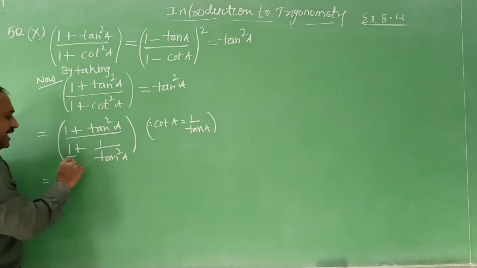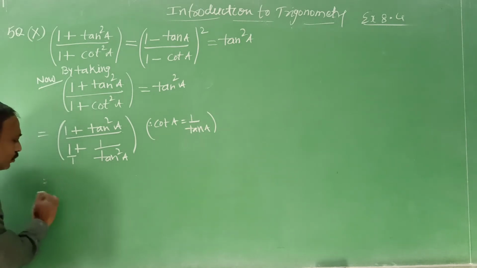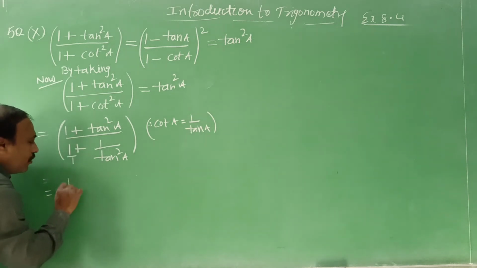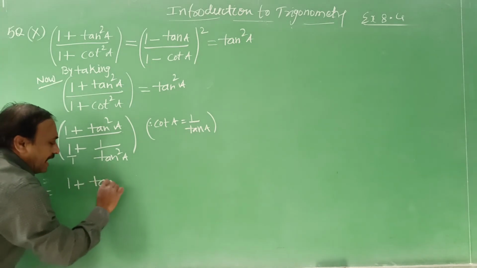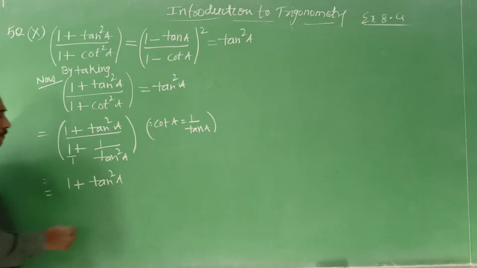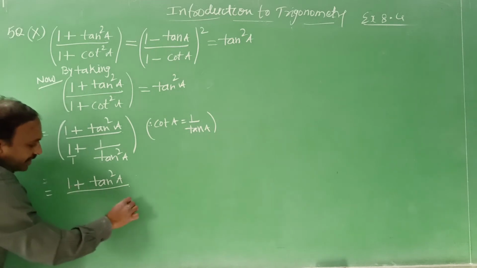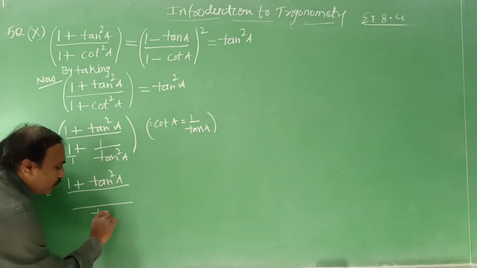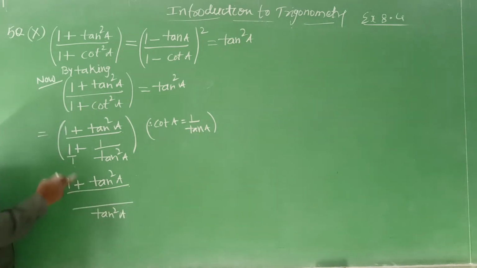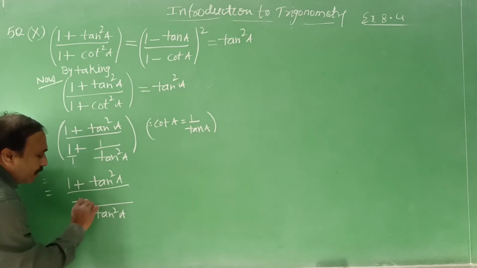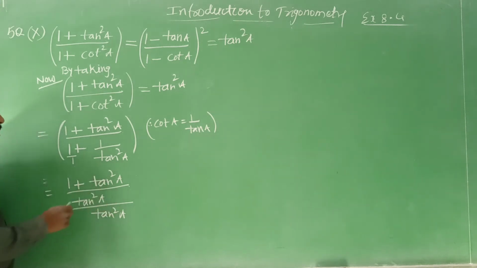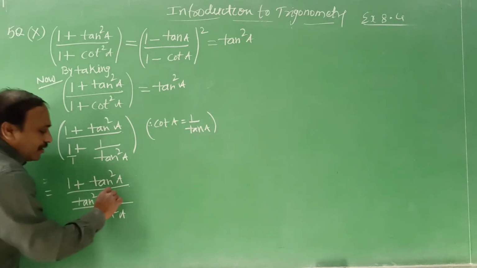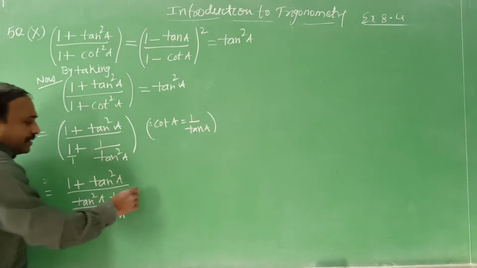Now you can write by 1, and the LCM of these two will be tan square A. So in the numerator we have 1 plus tan square A, and in the denominator the LCM is 1 into tan square A, which is tan square A. Now dividing by tan square A, the quotient is 1, tan square A plus tan square A, quotient 1 into 1.